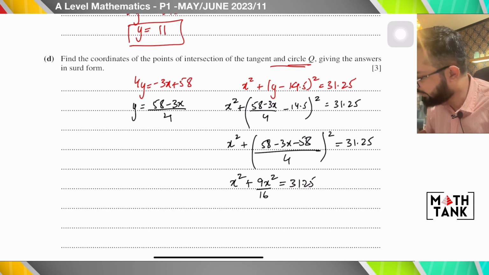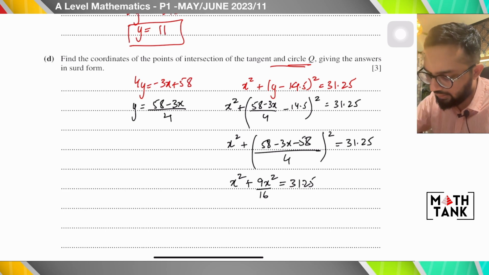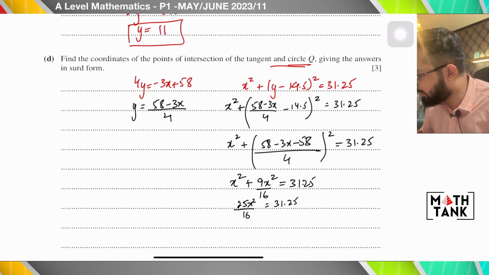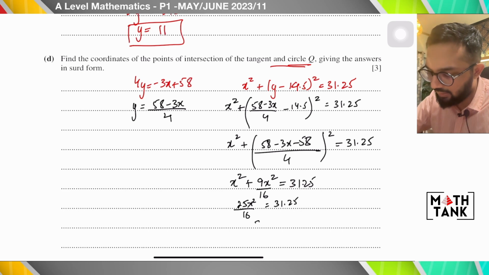I think I've done it correctly. 9 over 16 plus 1 is 25 over 16 x squared equals 31.25. Multiplying, that gives me x squared equals 20. X equals root of 20, which is 2 root 5.